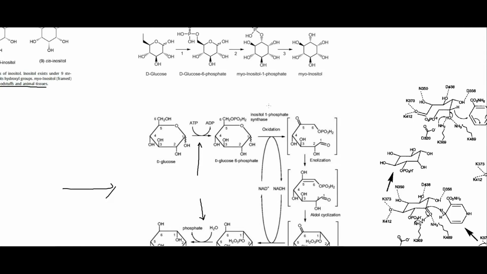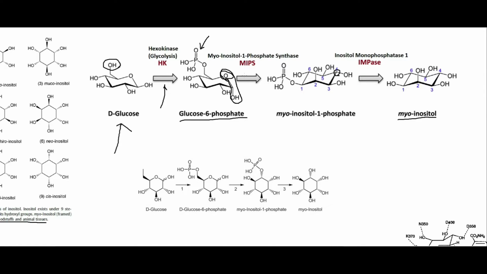And so we have here the hexokinase step, and we have here that monophosphatase step. And so everything else, the oxidation and reduction and everything, is part of that MIPS step up here. And so we see that we have this sort of oxidation, which does this ring opening, and then we have an enolization, which is sort of moving the double bond from this oxygen into the carbons there.